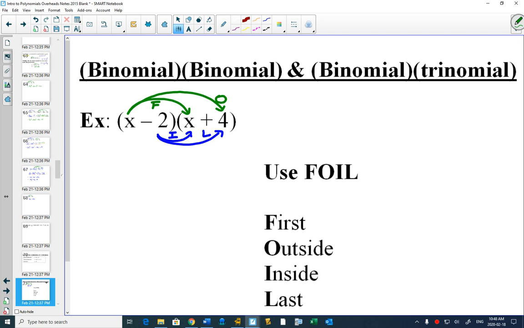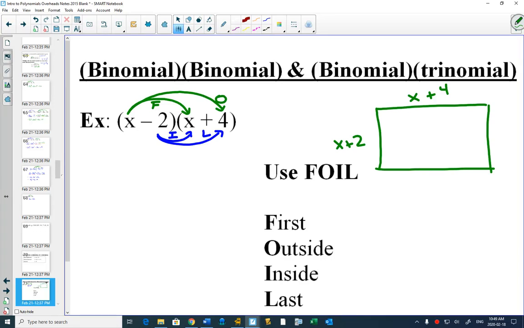Why does it work? Just a quick little picture of why it works is you can use a rectangle. If I have a rectangle with this length as x plus 4 and this length as x plus 2, the area of the rectangle would be length times width.